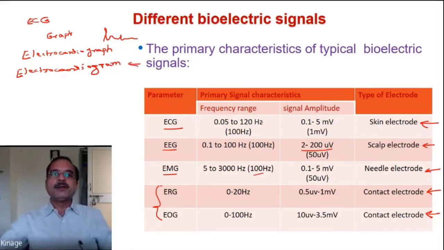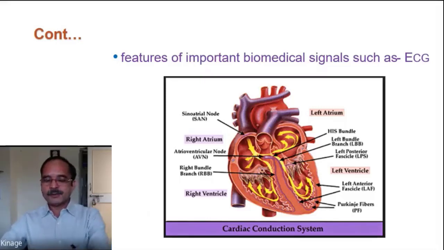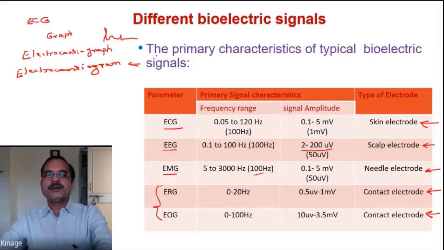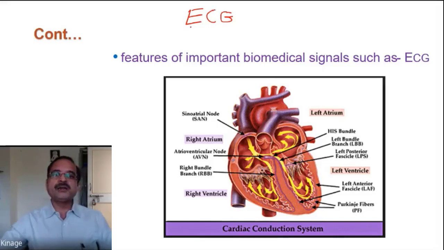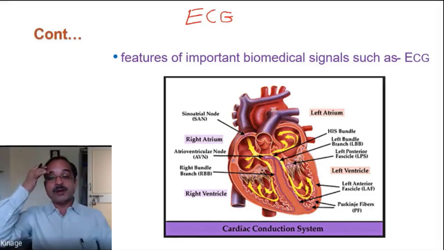Okay. Now we'll start with the first one, that is electrocardiograph, that is ECG. In this ECG, it is actually the electrical signals associated with the working of our heart.